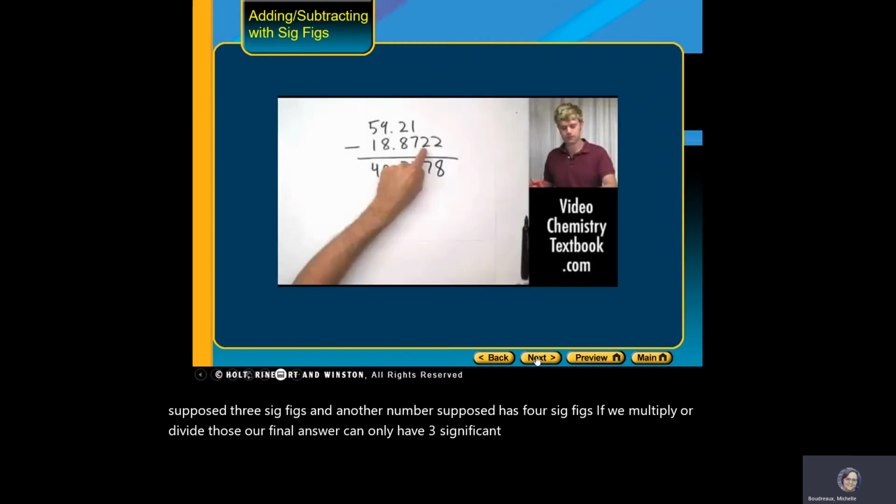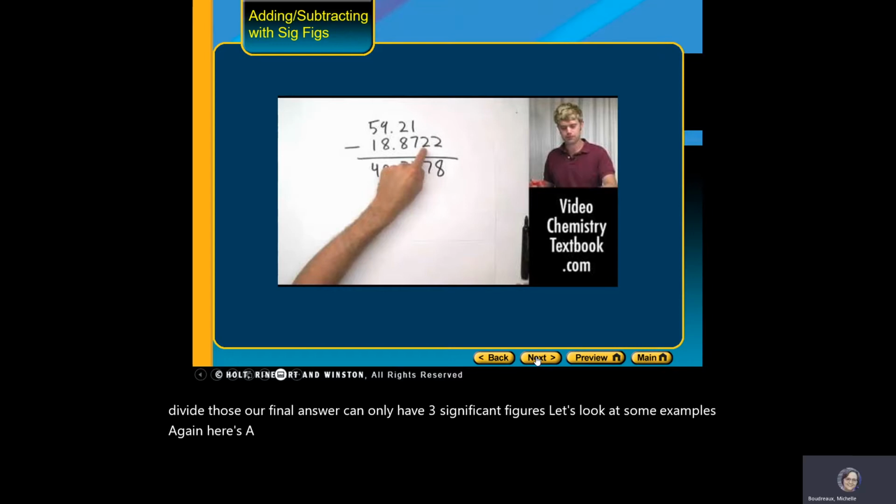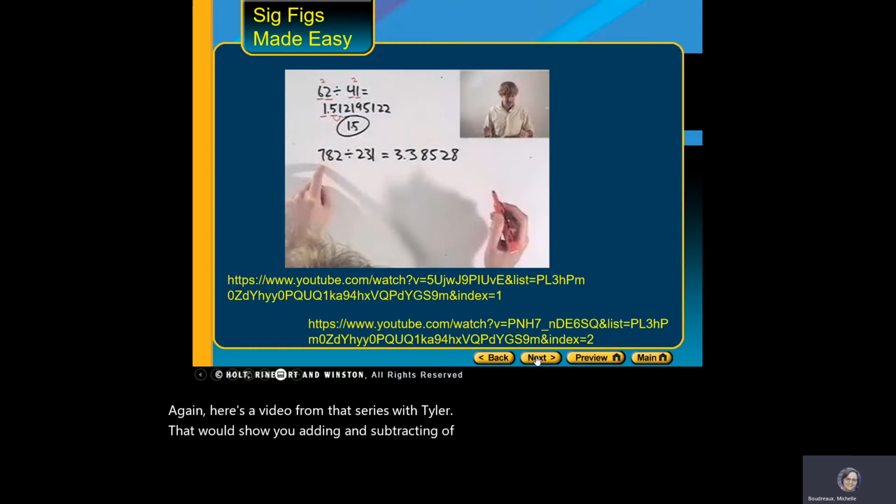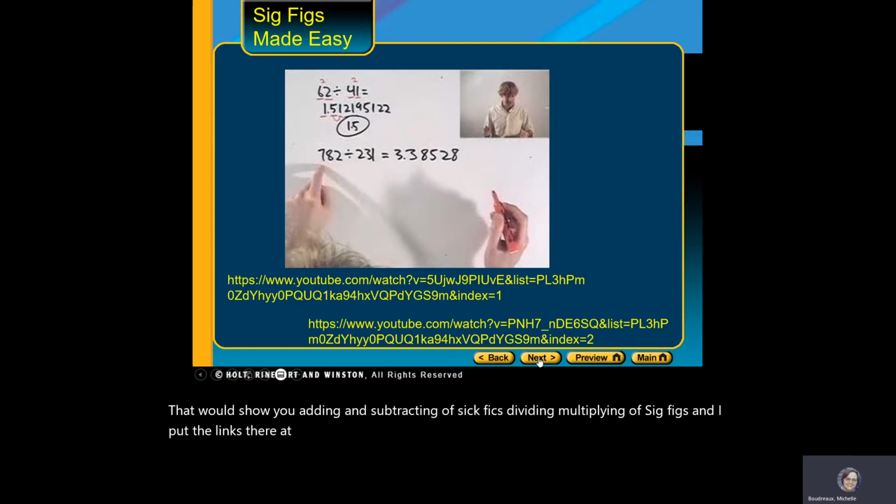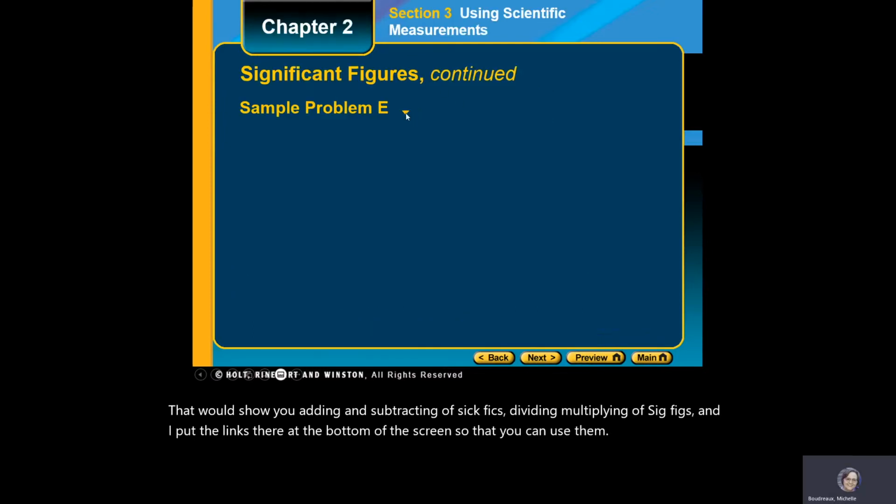Let's look at some examples. Again, here's a video from that series with Tyler that would show you adding, subtracting, dividing, and multiplying of sig figs. I put the links there at the bottom of the screen so that you can use them.